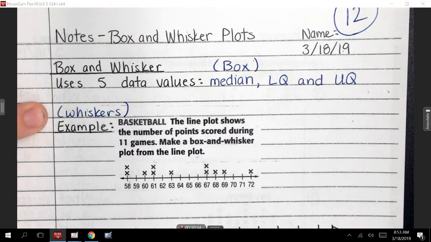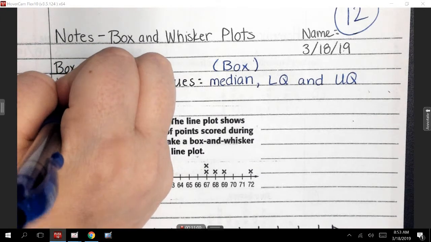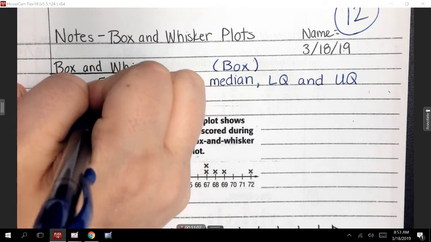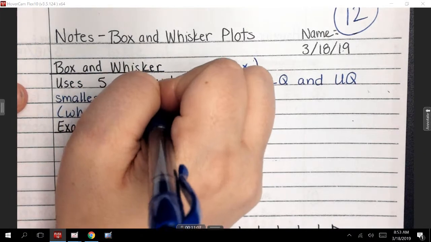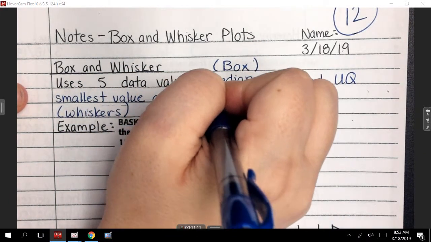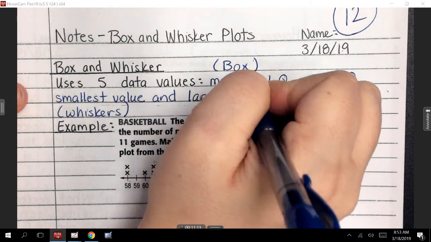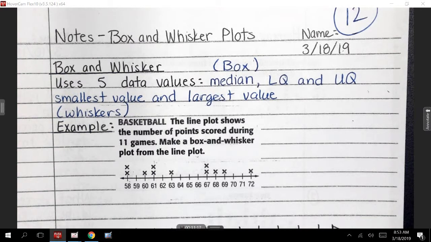The whiskers are going to be made up of the smallest value and the largest, or the highest, value. So the box is the median, LQ, and UQ, and then the whiskers are the smallest and the largest.